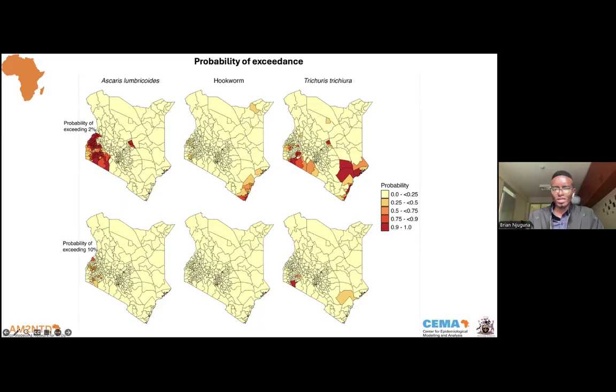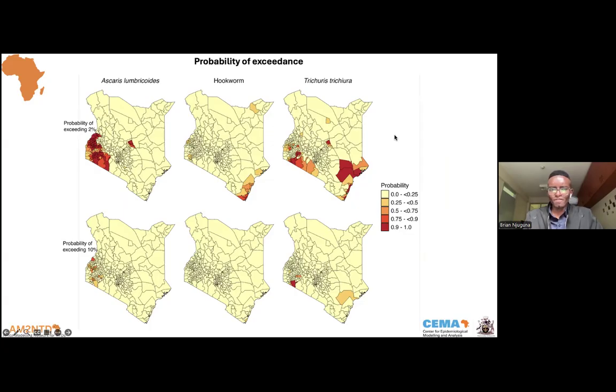For us to be able to target intervention, we need to see which of these areas have a high risk of exceeding a certain programmatic threshold. For Kenya, we have a threshold of 2%, where if the prevalence is less than 2%, then we say we have achieved elimination as a public health problem.